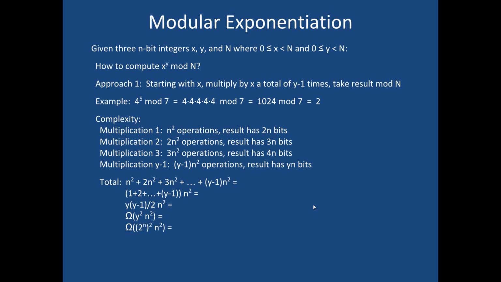Now, where'd that come from? I'm equating y with 2 to the n. How many bits are in y? Well, I know how many bits are in y, that's n.